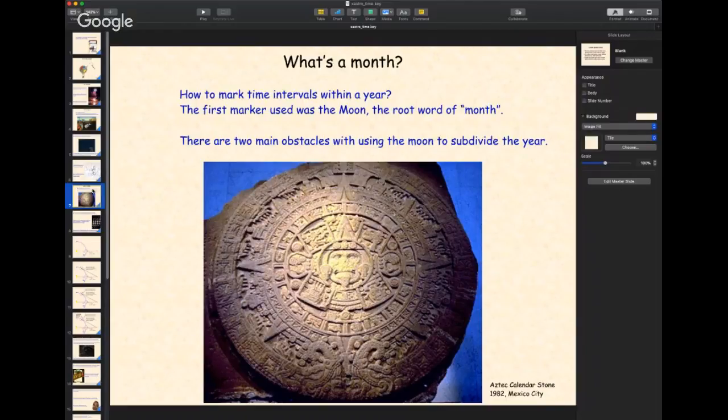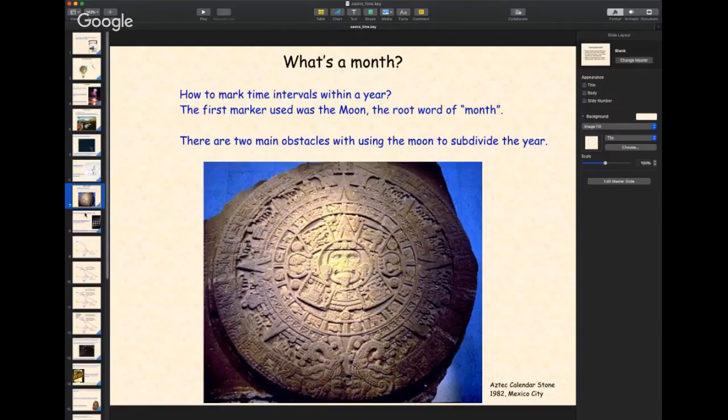But there are two obstacles with using the moon to subdivide the year. The image here is the Aztec calendar stone, image taken about 1982 in Mexico City. I show it here because they used a lunar-based calendar to mark time within the year and beyond.